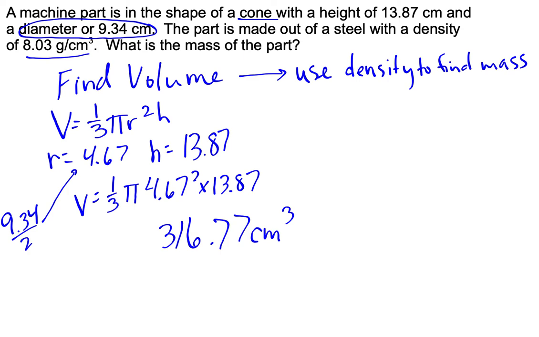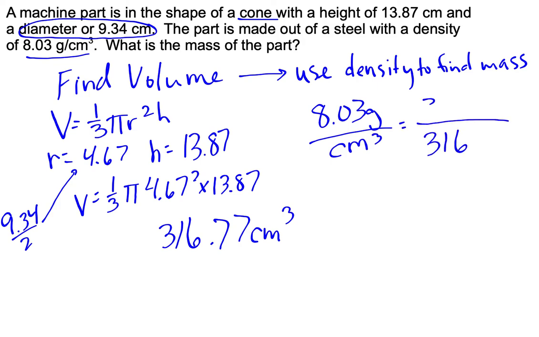Okay, next, I'm going to use the density to find the mass. Now the density is 8.03 grams per cubic centimeter, and that's going to be the same thing as 316.77 cubic centimeters, and since it's the same type of steel, we're going to have x grams. And when we solve this, we will find out how much the piece of steel weighs, how much the part weighs.